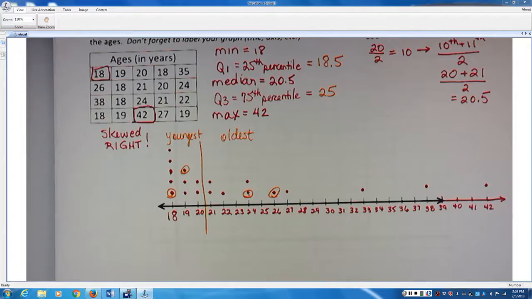What I just constructed, without needing a calculator or doing too much math, is called the 5-number summary.